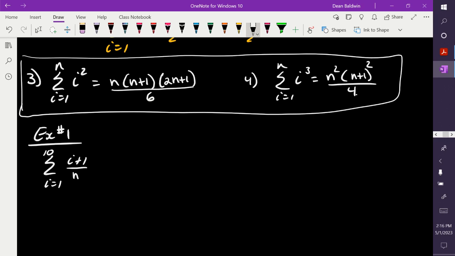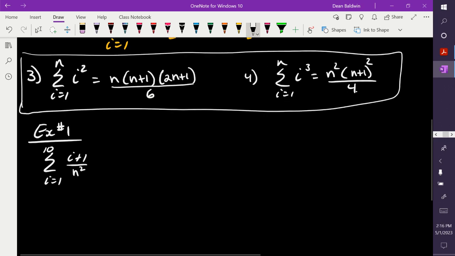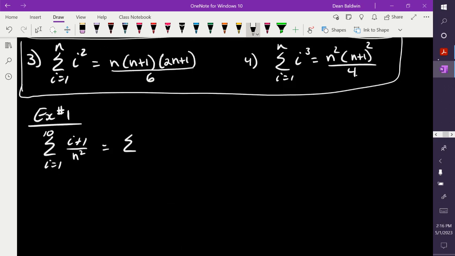Sorry, that's over n squared. That's what it should have been. Okay. What's n? It's 10, right? n is the top term. So I'm going to put that in right away.